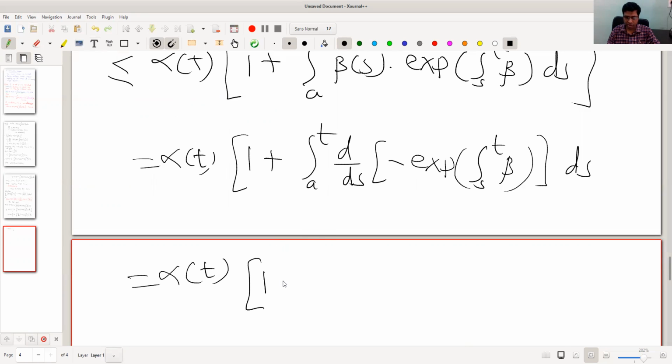And what about this? Here we take the minus sign outside, integral d by ds. So it is e raised to integral s to t beta, limits are s equal to a to s equal to t.